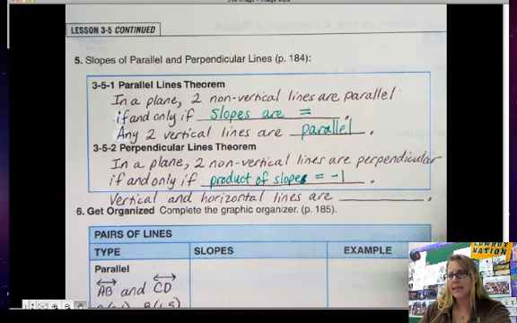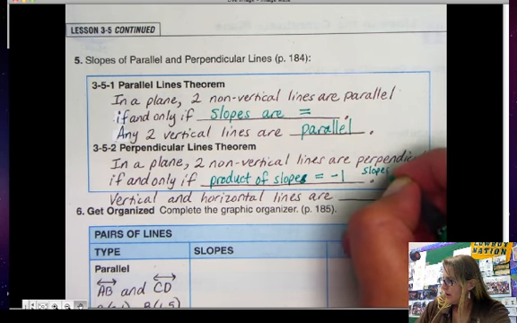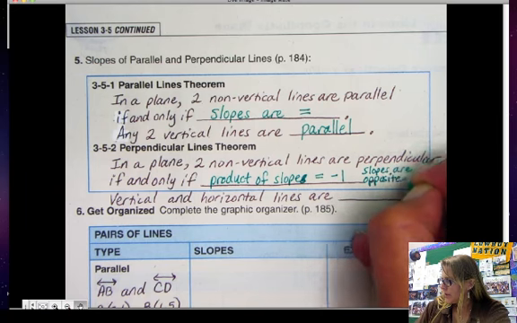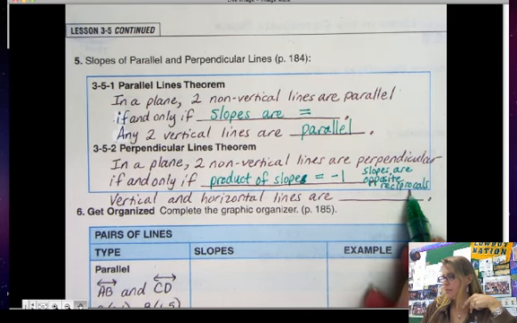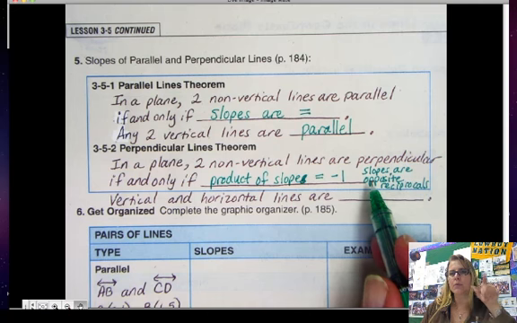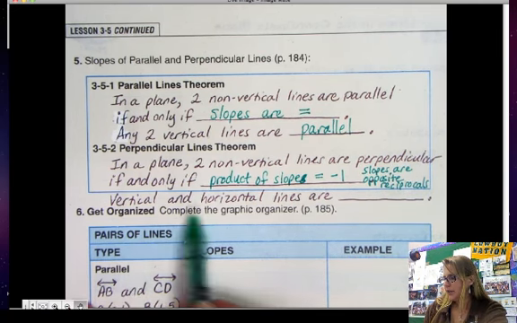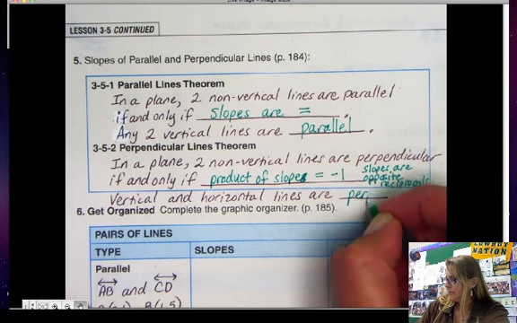And another way to say this is that the slopes are opposite reciprocals of each other, which means that you take the fraction and you flip it. That's the reciprocal piece. And the opposite piece is one of them has to be positive and the other one has to be negative. And vertical and horizontal lines are also perpendicular.